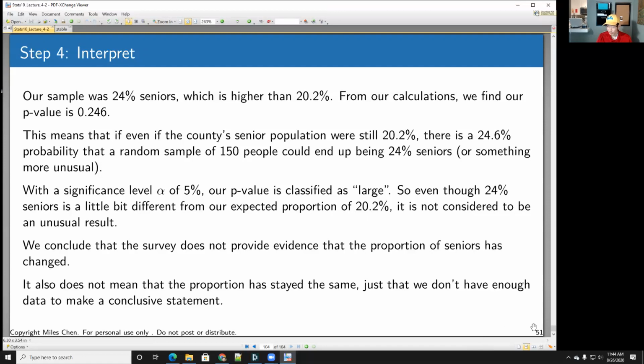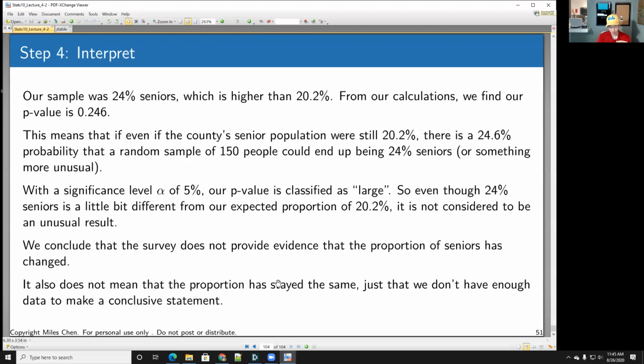We have a question that says, are we comparing the p-value of 0.246 to the alpha value of 5%? Yes. When we use alpha equal to 5%, we compare this p-value of 24.6% versus 5%. Because 24.6% is bigger than 5%, our p-value is large, and therefore our result is not unusual.